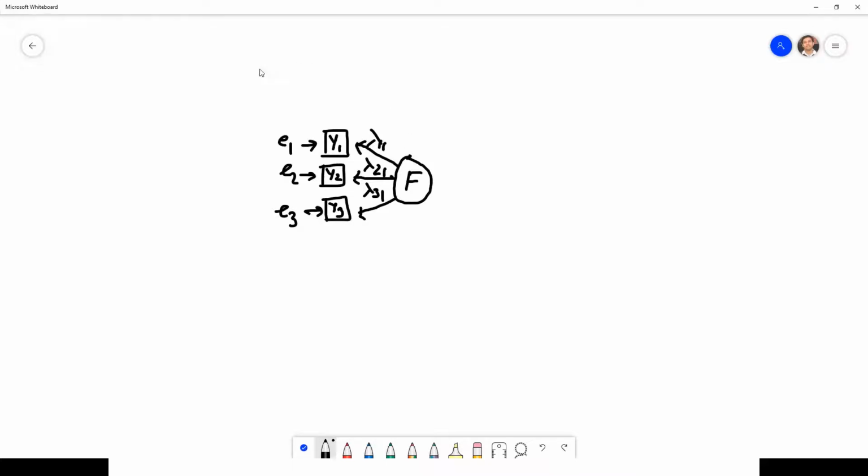Always remember that in psychometrics, in our analysis, in our studies, we will always draw latent with circles or ovals, and observed are drawn using rectangles or squares.